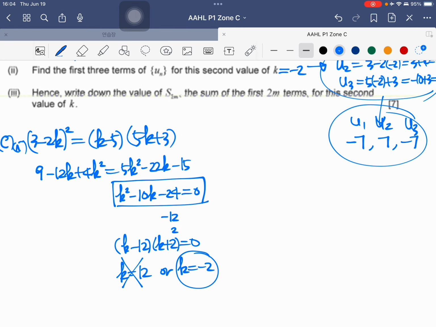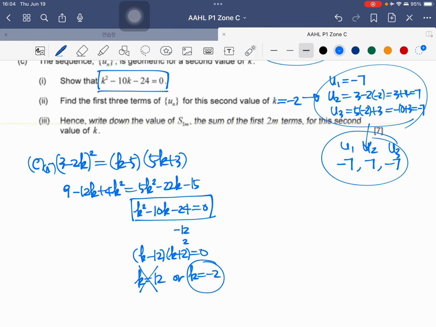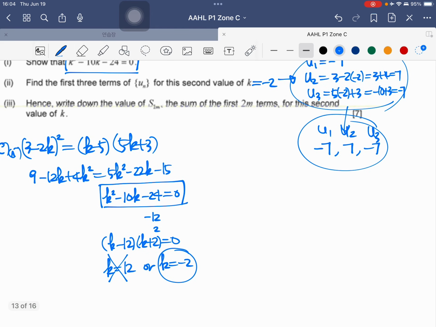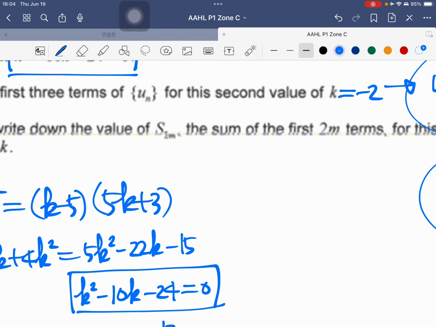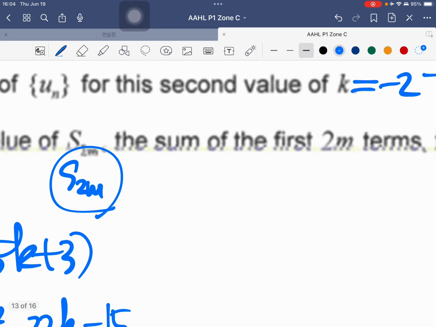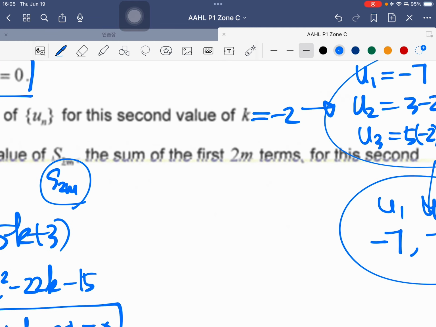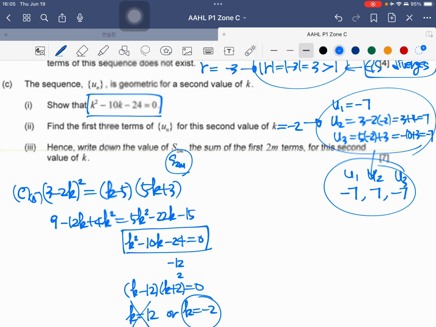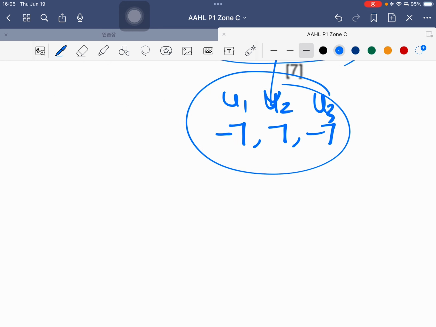Okay, question number C3. Hence, write down the value of, you cannot see very clearly, but actually what it says is S2m, the sum of the first 2m terms for this second value of k. So you see that S2, minus 7 plus 7 is 0. S4 is minus 7 plus 7 minus 7 plus 7, which is 0.